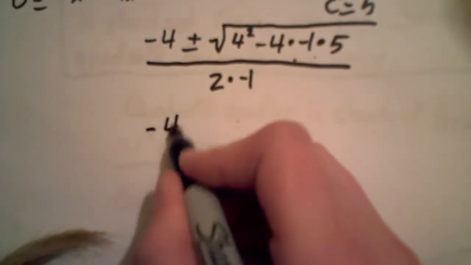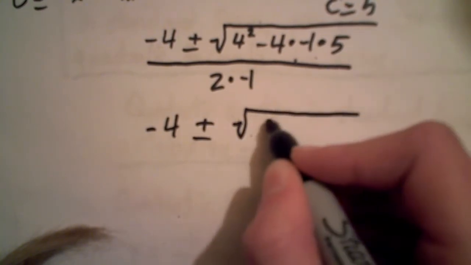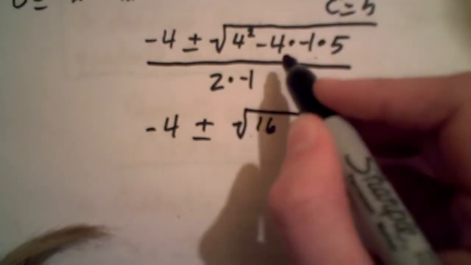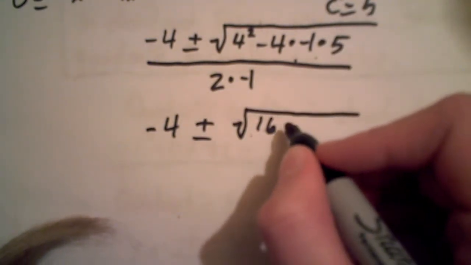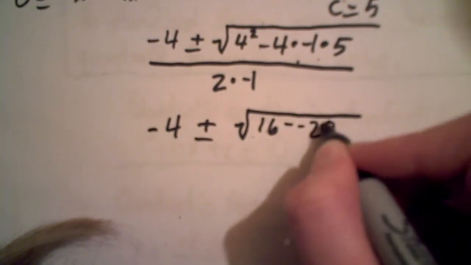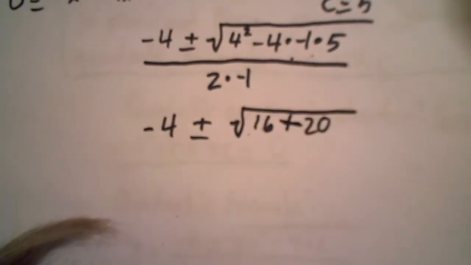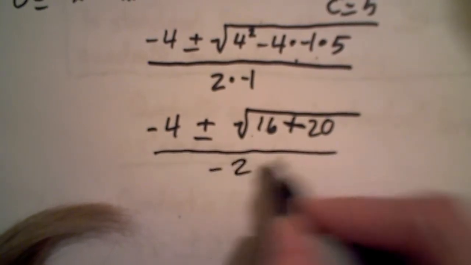Simplify. Negative 4 plus or minus the square root of 16 minus 4 times negative 1 is negative 4 times 5 is negative 20. It would be minus a negative 20, which is the same as plus a positive 20, all divided by negative 2.